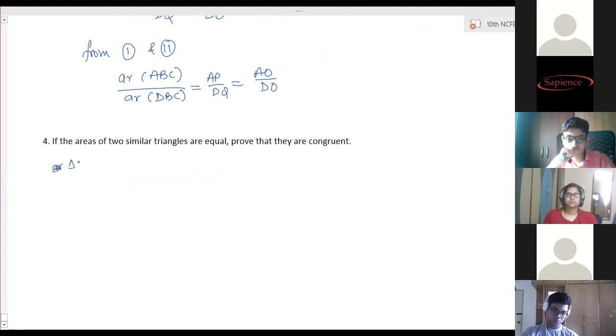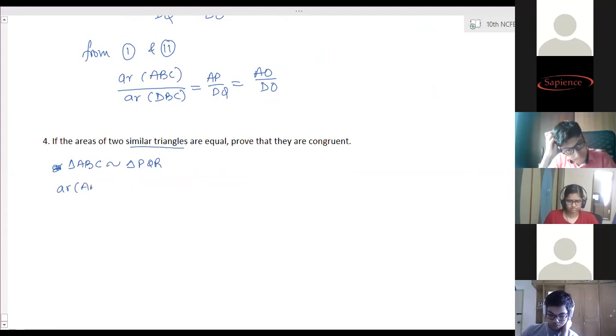First they have given that triangle ABC and triangle PQR are similar, and their areas are equal. So this is given, as well as area of ABC by area of PQR is equal to 1 because the areas are equal. That means the ratio will be 1, right?